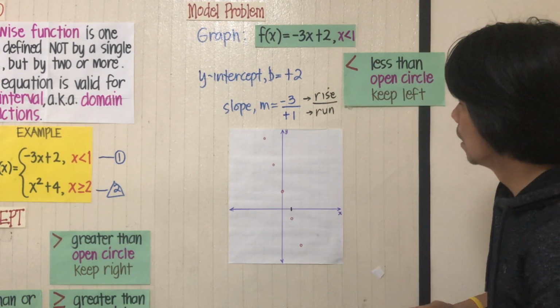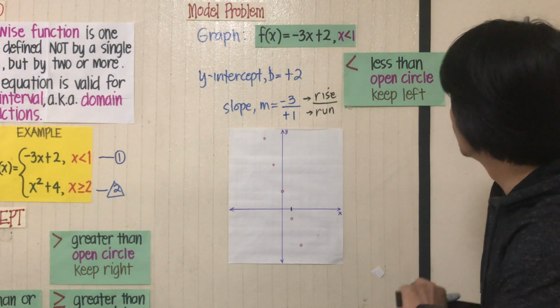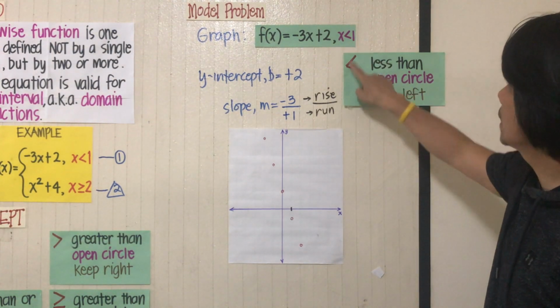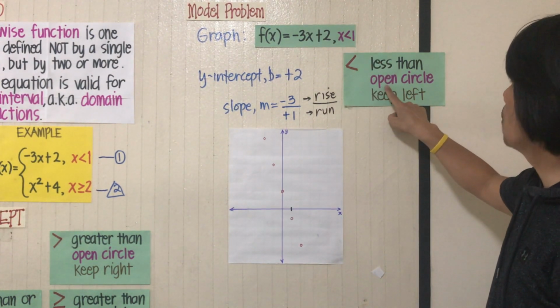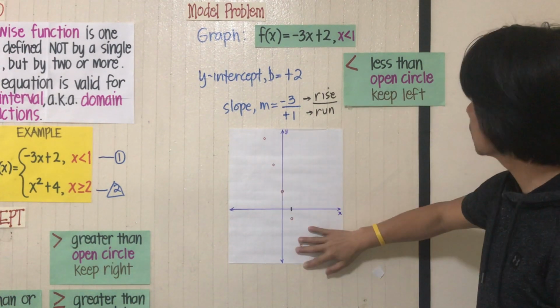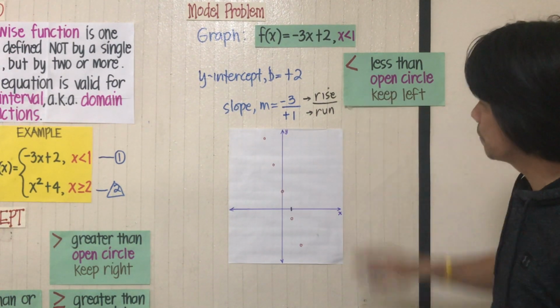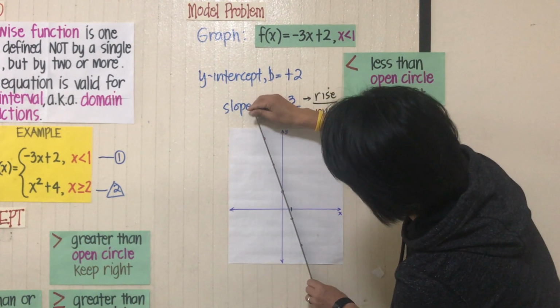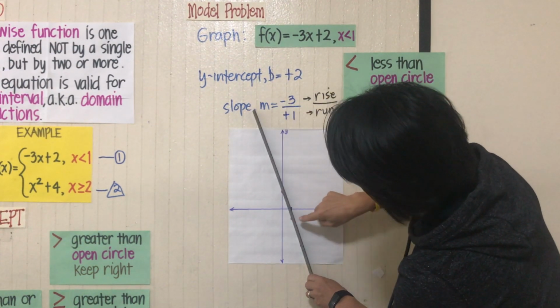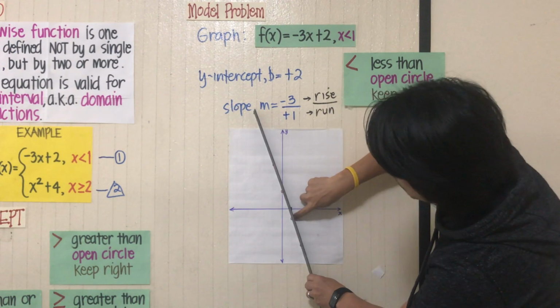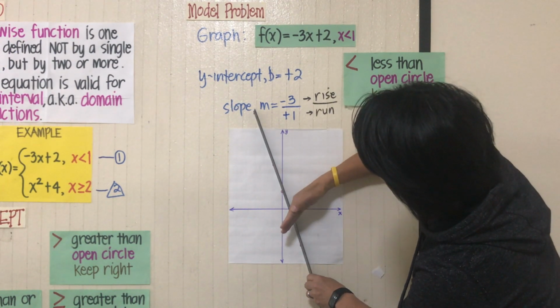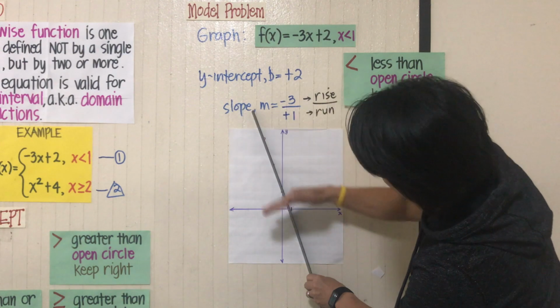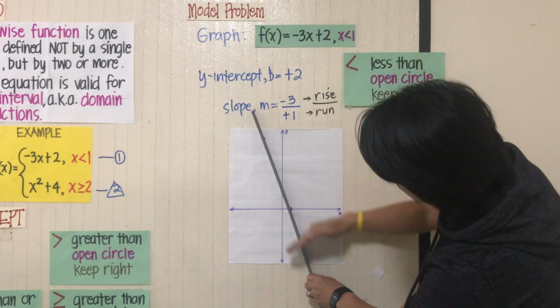It says here, if you have a less than symbol, you need an open circle. That's why we have an open circle here. Then keep the left part of the graph. So imagine there's a line from that open circle, and you need to keep the left part. This is the right part, from here down.